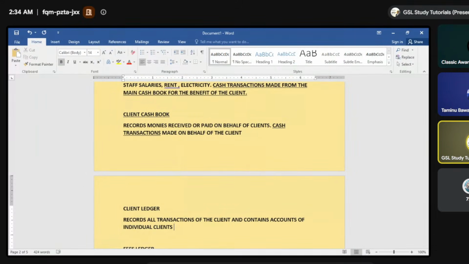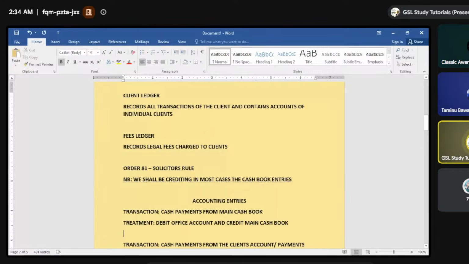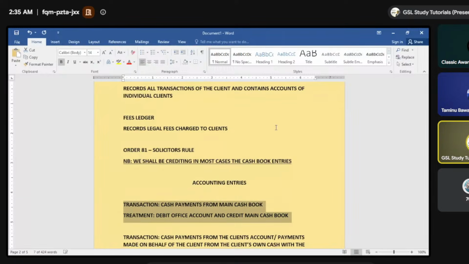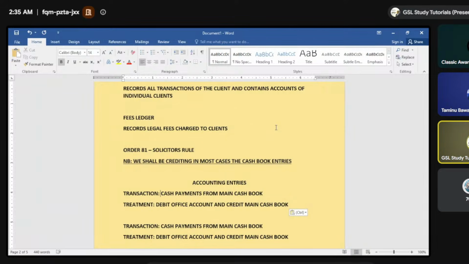Debited to the client cash book. Balance brought down on the main cash book.